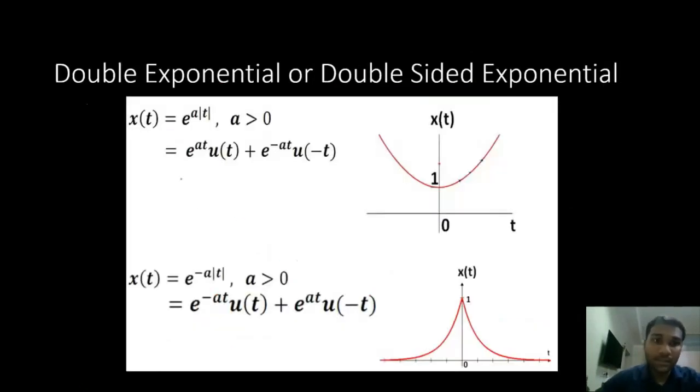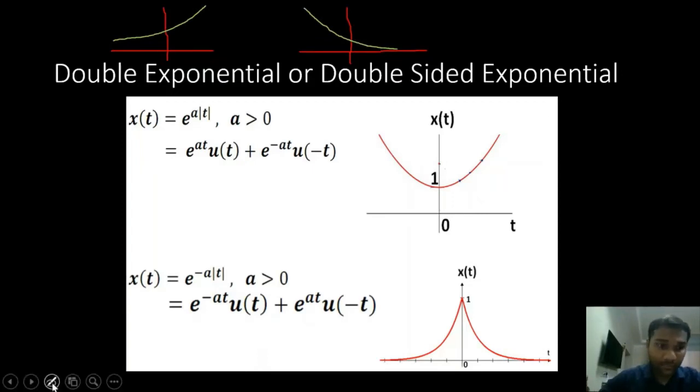And here it is a double exponential or double-sided exponential. So basically what we are doing, we have one rising exponential and one decaying exponential like this. This is the rising exponential. This is the decaying exponential.